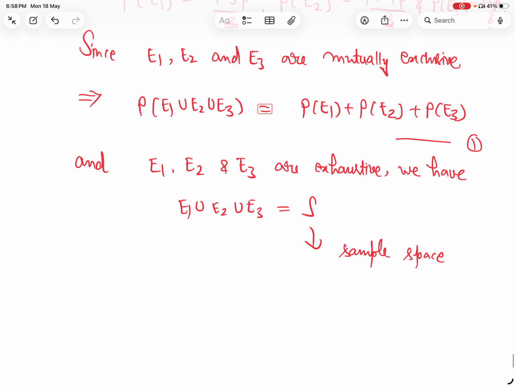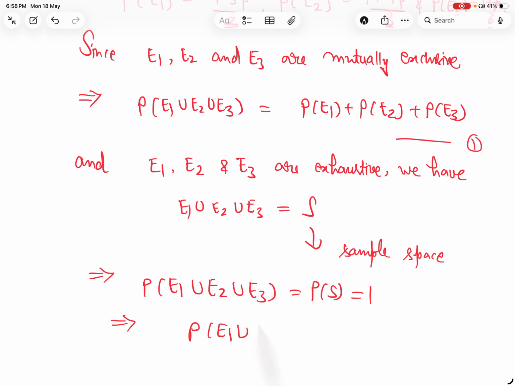So what does it mean? Probability of E1 union E2 union E3 is the probability of S. The probability of the whole sample space is 1, we know it. So probability of E1 union E2 union E3 is equal to 1.